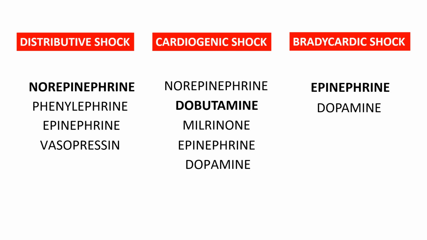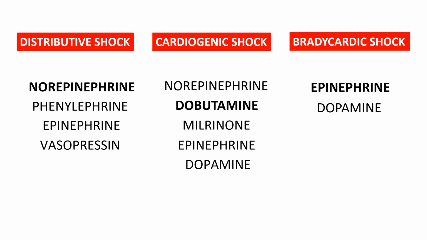You may also see some of these medications be used at fixed doses, such as low-dose epinephrine as an inotrope, or low-dose vasopressin as a synergistic medicine to use with Levophed. And so you may see combinations of these medicines being used.